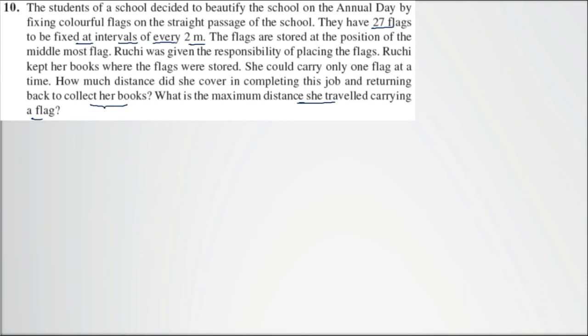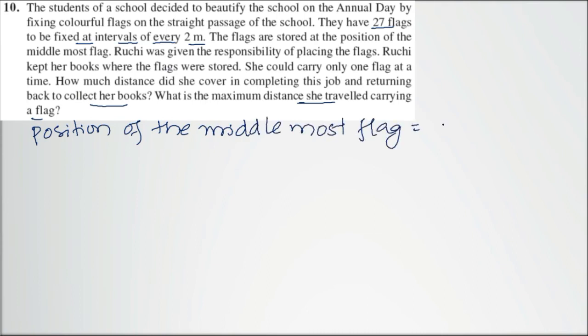Here, 27 flags are to be fixed at 2 meters and her position is in the middle. So, position of the middlemost flag will be (27 plus 1) divided by 2.